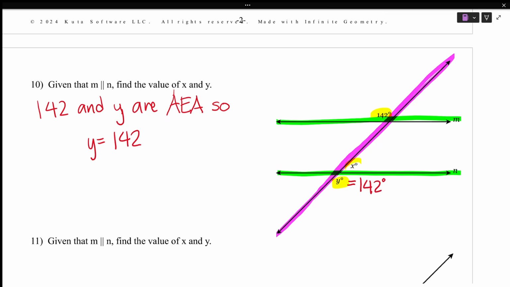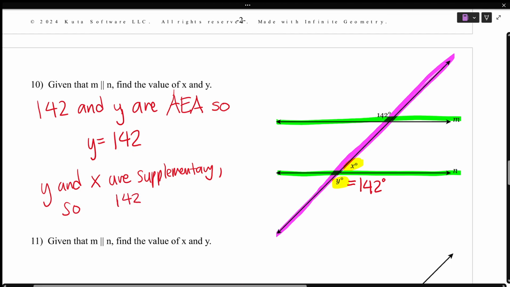Now let's look at y and x. What kind of angles are y and x? They're right next to each other. They create a straight line. We've been using this a lot. Supplementary. y and x are supplementary, so they have to equal 180.